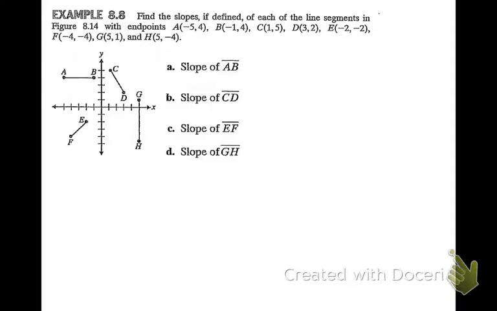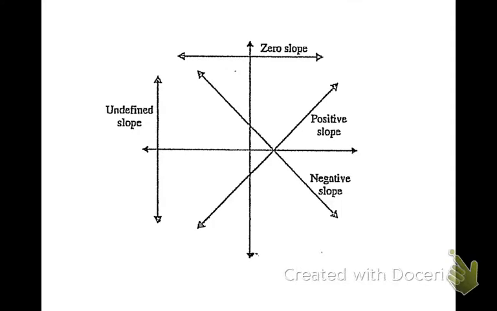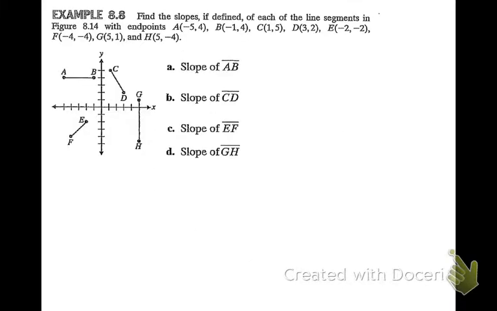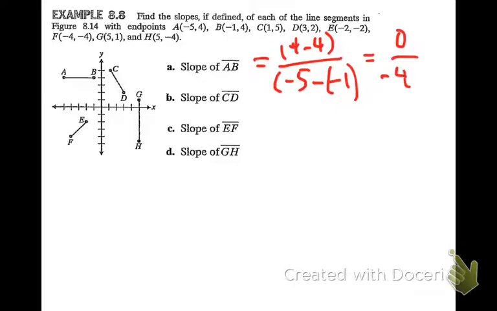Okay, so if we find the slope of AB, the slope of AB is equal to, the y values are both 4, so it would be 4 minus 4 over -5 minus the -1, which is equal to 0 over -4, which equals 0.